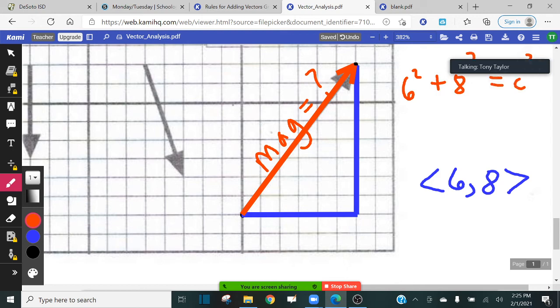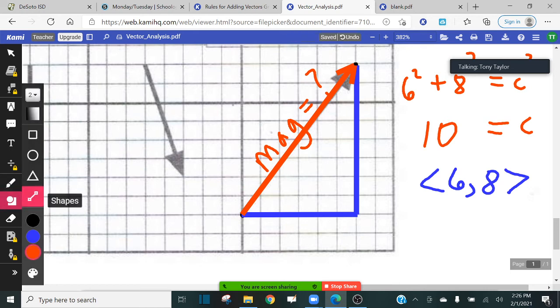Once you solve that equation for c, you can easily find out how long that vector is. 6 squared plus 8 squared is equal to 100. And then the square root of 100. When I solve this equation for c, I get 10.